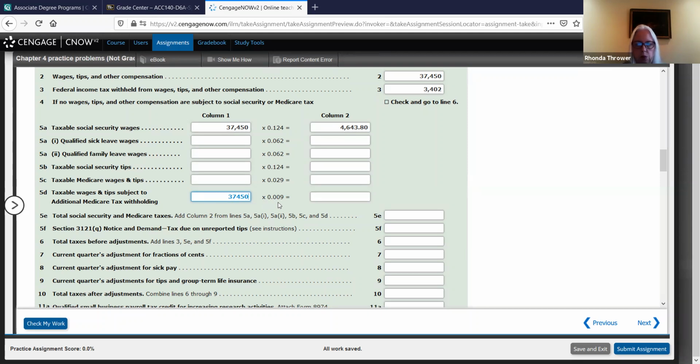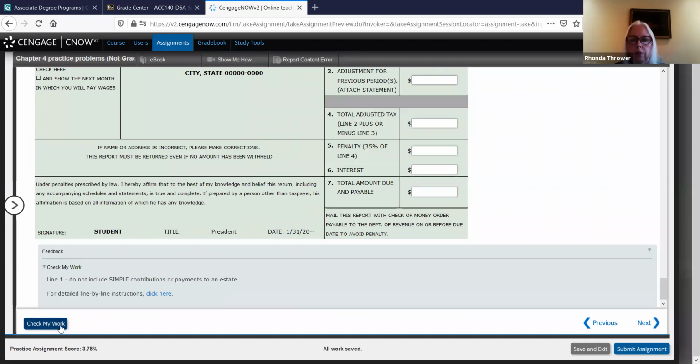So 37,450 times 0.009 will give you $337.05. It might be a good idea to check your work just to make sure your math is correct at this point.